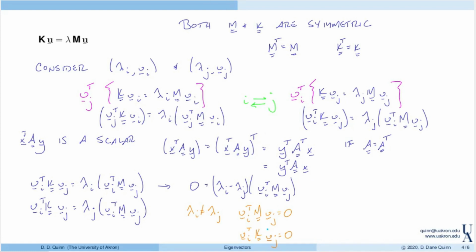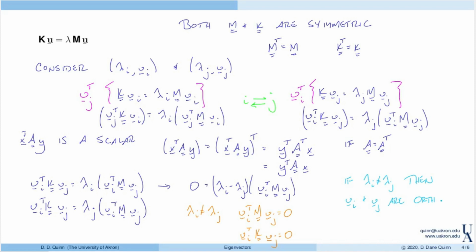So that's pretty important, because this, in some sense, is like a dot product, right? And I'll show that in a second. But what we would say is that if lambda i is not equal to lambda j, so if these eigenvalues in particular are different, then ui and uj are orthogonal, right?